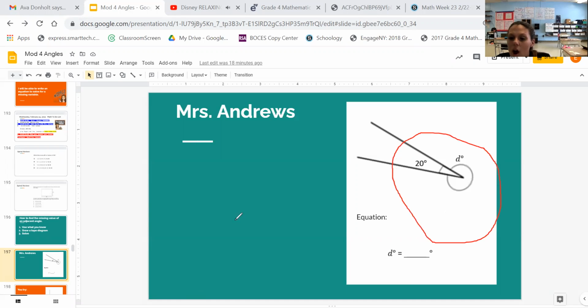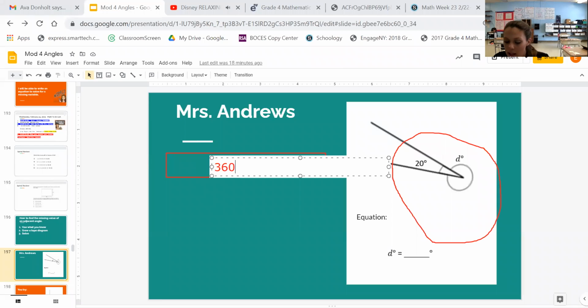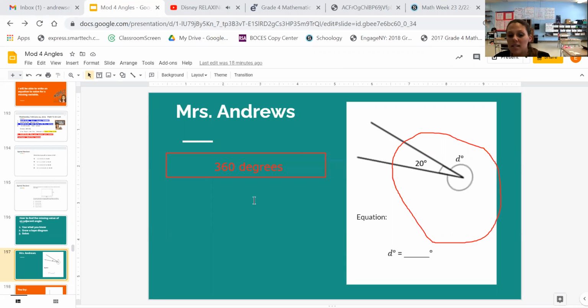So our whole is a full circle, and there are two angles here: angle D, and an angle that's 20 degrees. Our whole is 360 degrees because there are 360 degrees in a full circle.